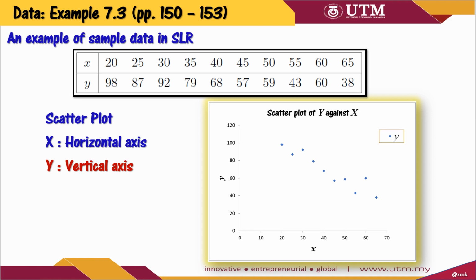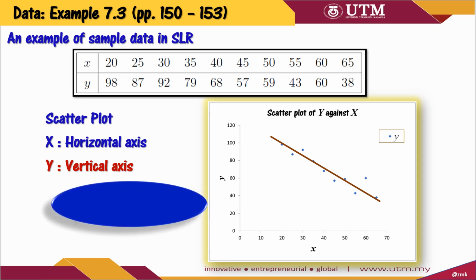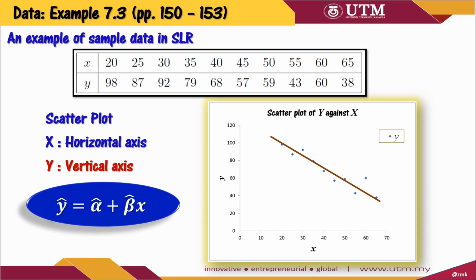Therefore, this negative straight line relationship can be explained by this straight line, which is the estimated regression equation given by y hat equals alpha hat plus beta hat times x, where beta hat is expected to be negative for this example 7.3. So again, in general, what is alpha hat and what is beta hat? Let's proceed to the next slide to see how to obtain these estimated parameters.